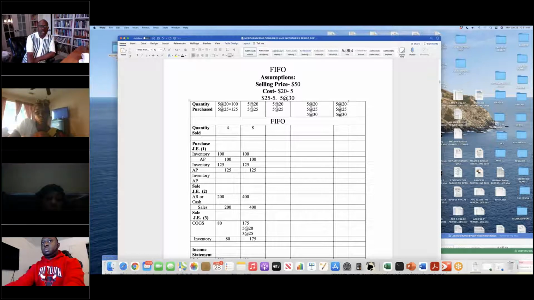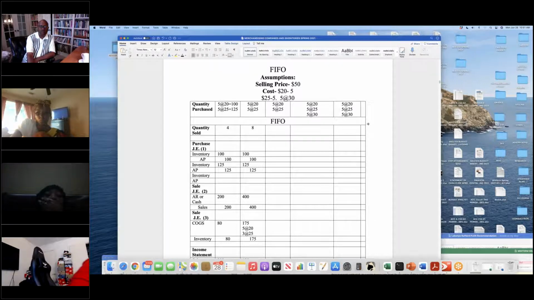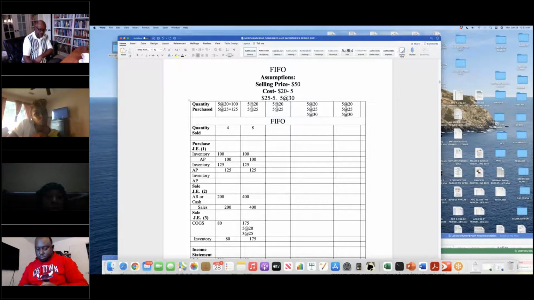Okay, so let's look at our next situation. We bought 5 at 20, 5 at 25, and 5 at 30. What happens if we sell 8 and then 12?